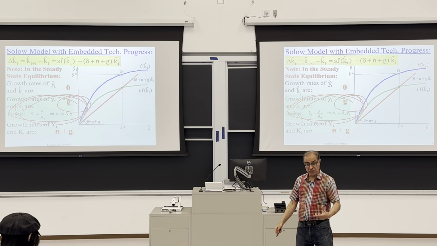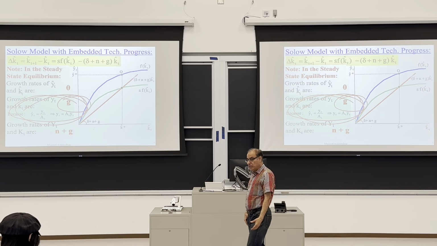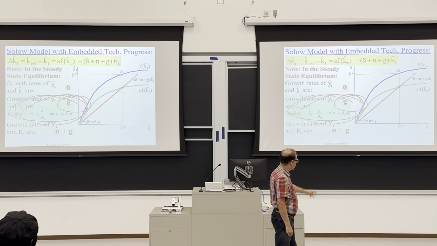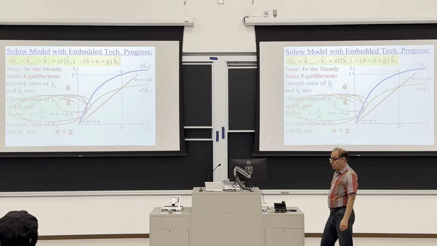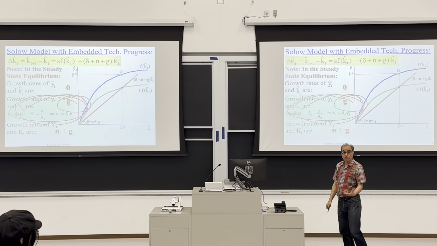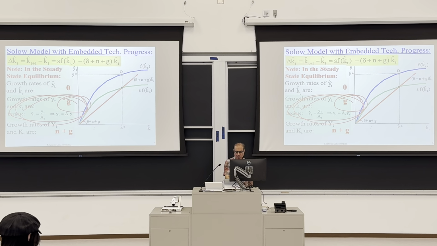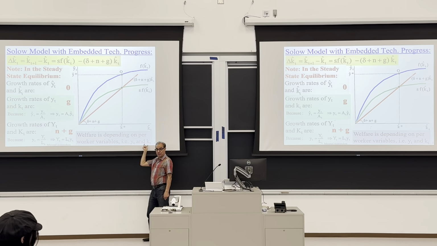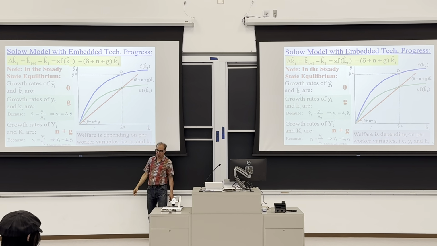Technology is the engine of growth. In the very long run, the growth rate of an economy depends on the rate of technological progress, G, nothing else. So from a welfare point of view, G is important. If G goes up, people are better off. So from a welfare point of view, per capita variables, per worker variables, per labor variables matter.